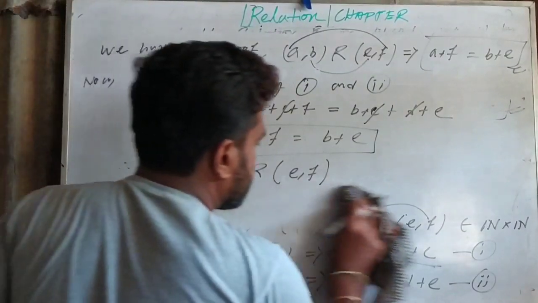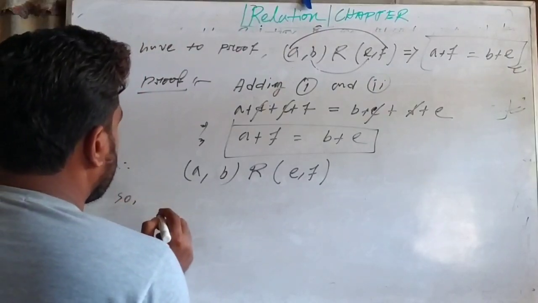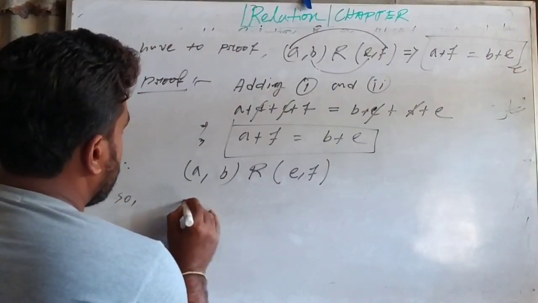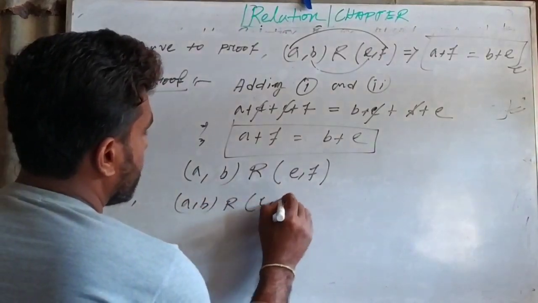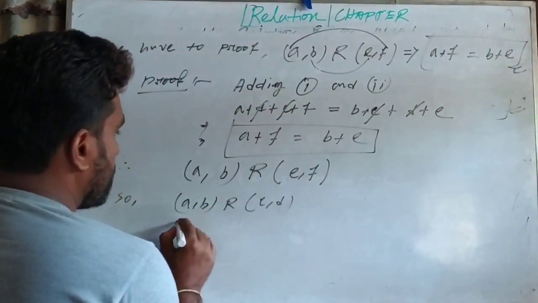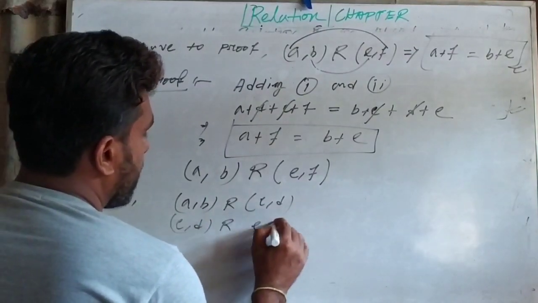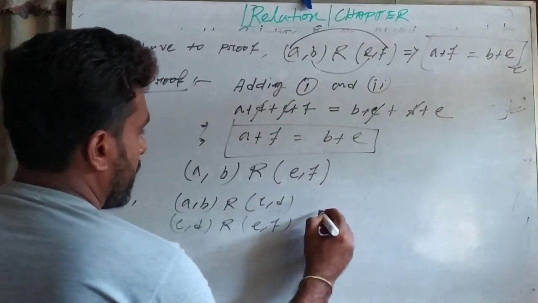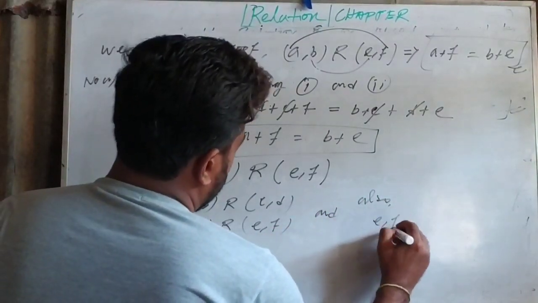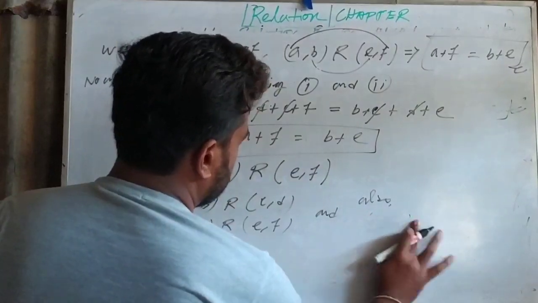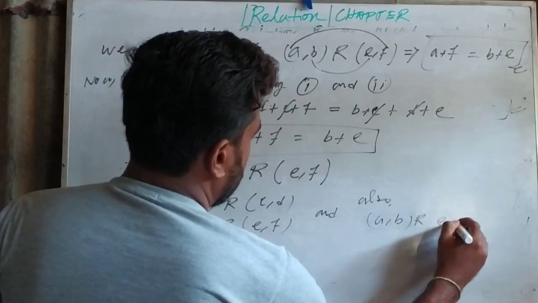So A, B are related to C, D; C, D are related to E, F; and also A, B are related to E, F.